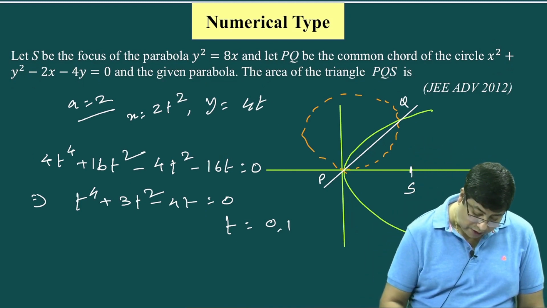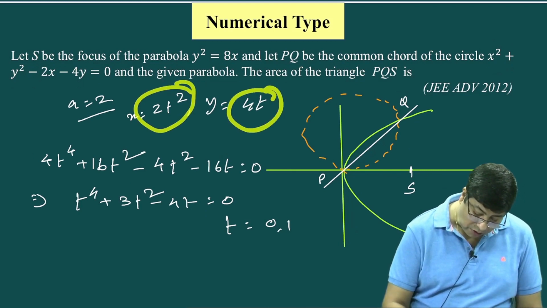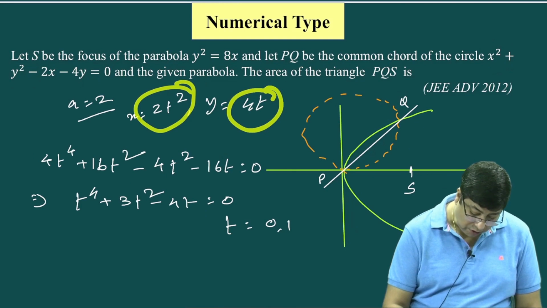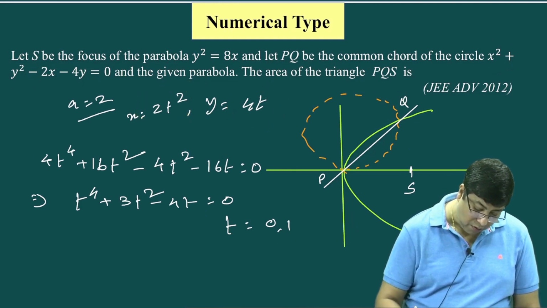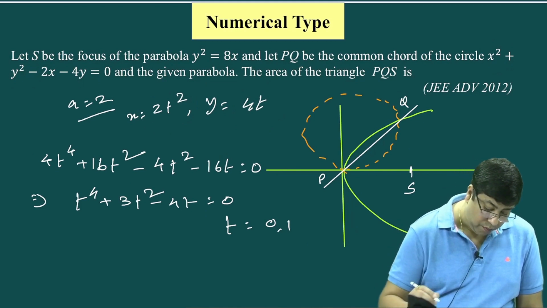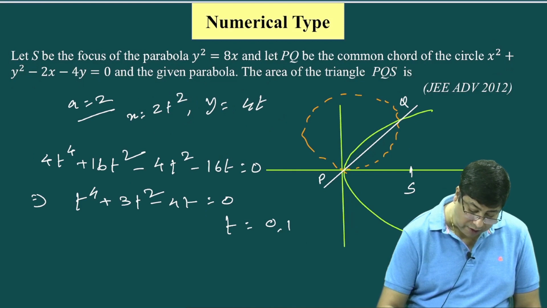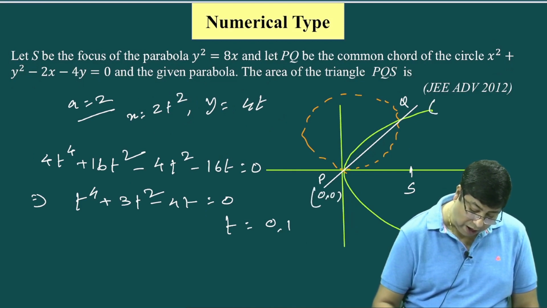Putting t equal to 0, the point P is 0, 0, and putting 1, the point Q is coming to be 2t square, 4t, so 2 comma 4.